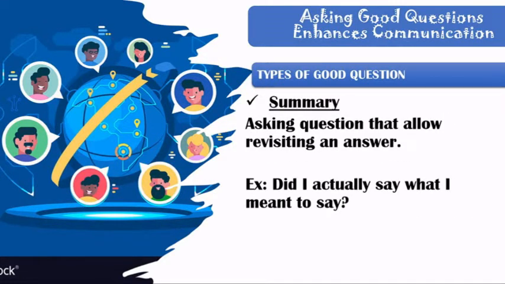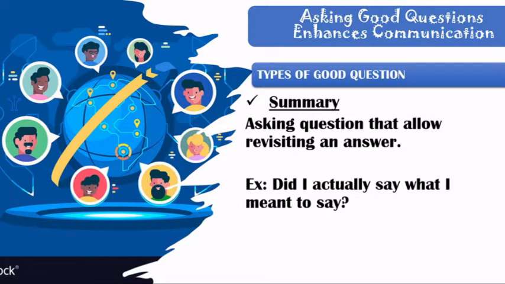Next, we have summary. Summary is asking questions that allow revisiting an answer. For example, did I actually say what I meant to say? So given the scenario, we're discussing this lesson, after discussing the different components of communication in the workplace and the different types of good questions. Did I actually discuss what I meant to discuss?